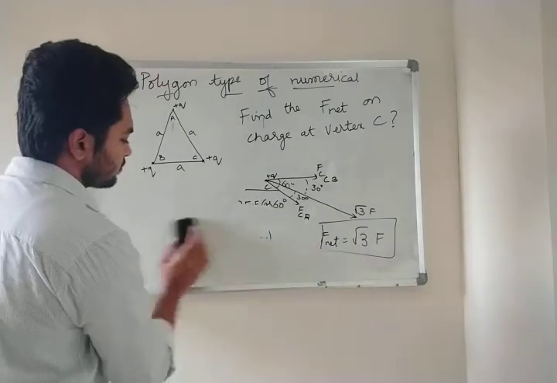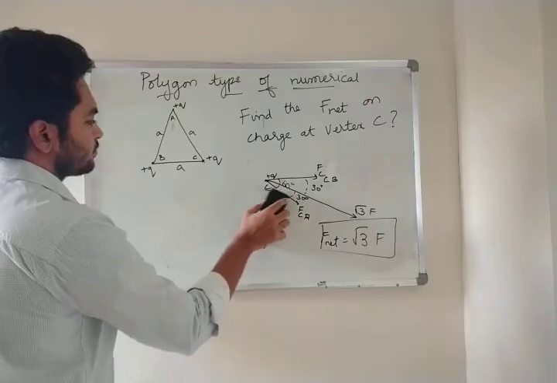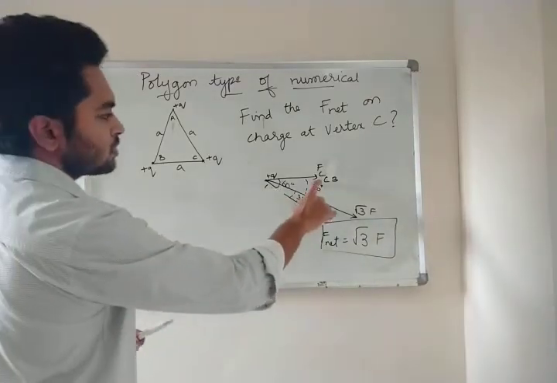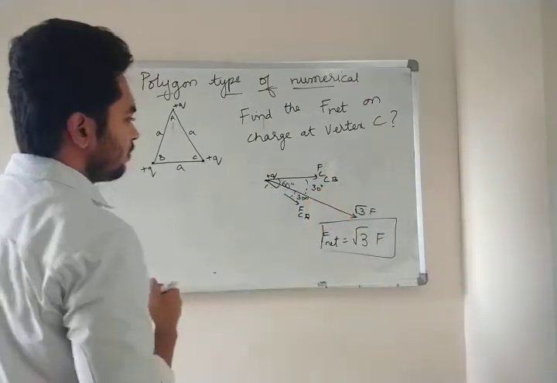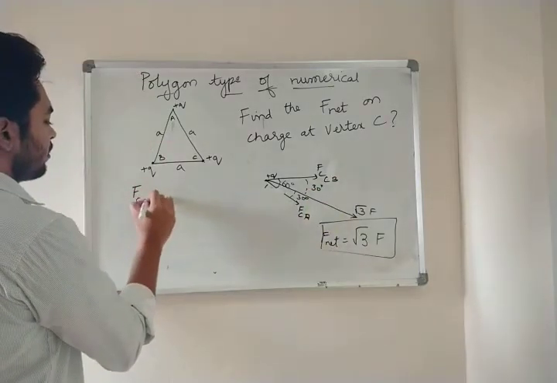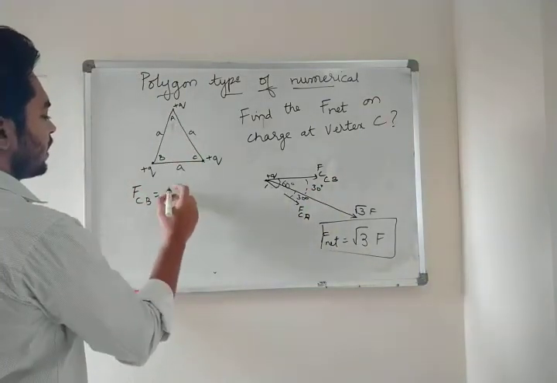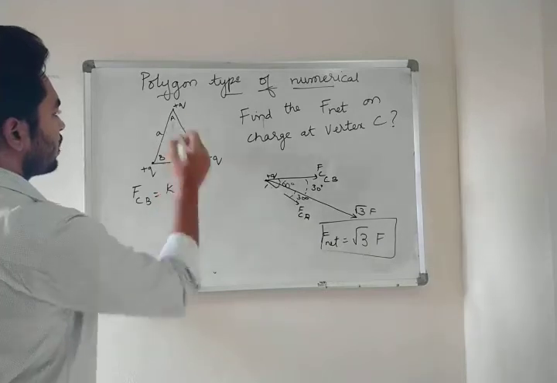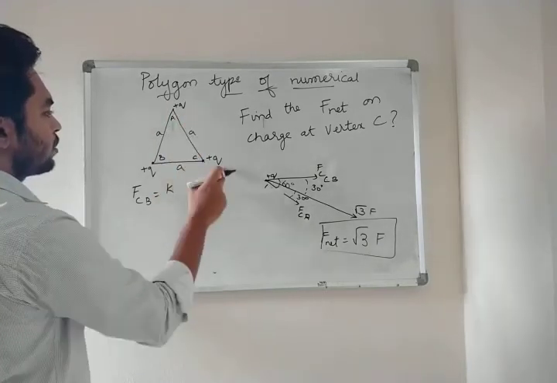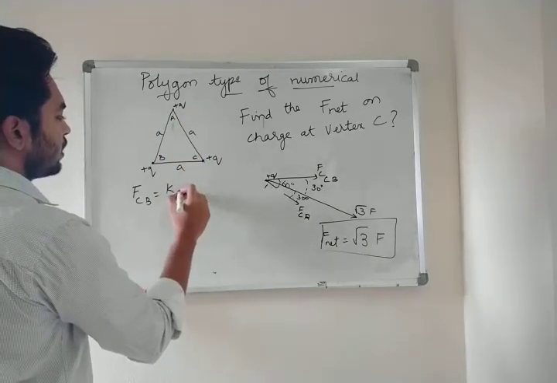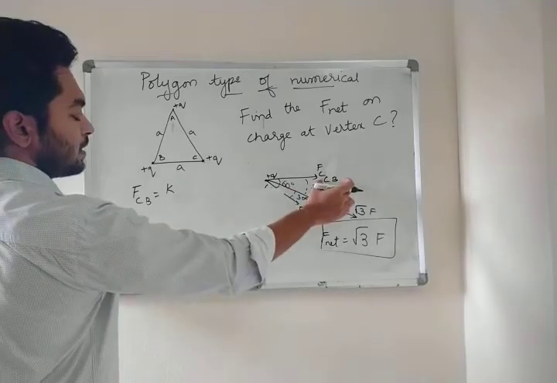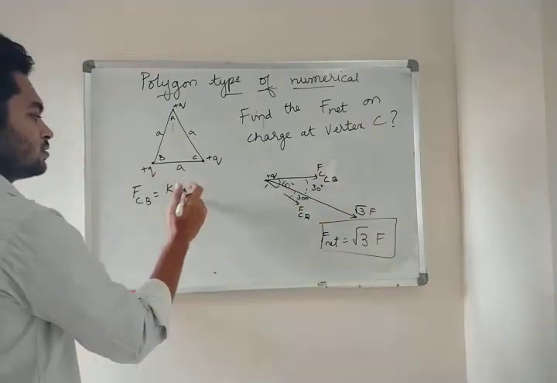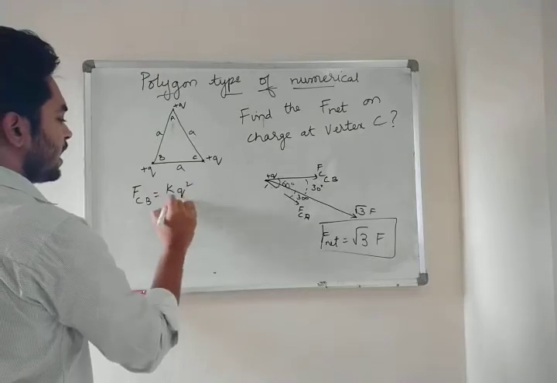Now what is the force on C by B? It is K Q1 Q2 by A square. Both are Q, so it is K Q square by A square.